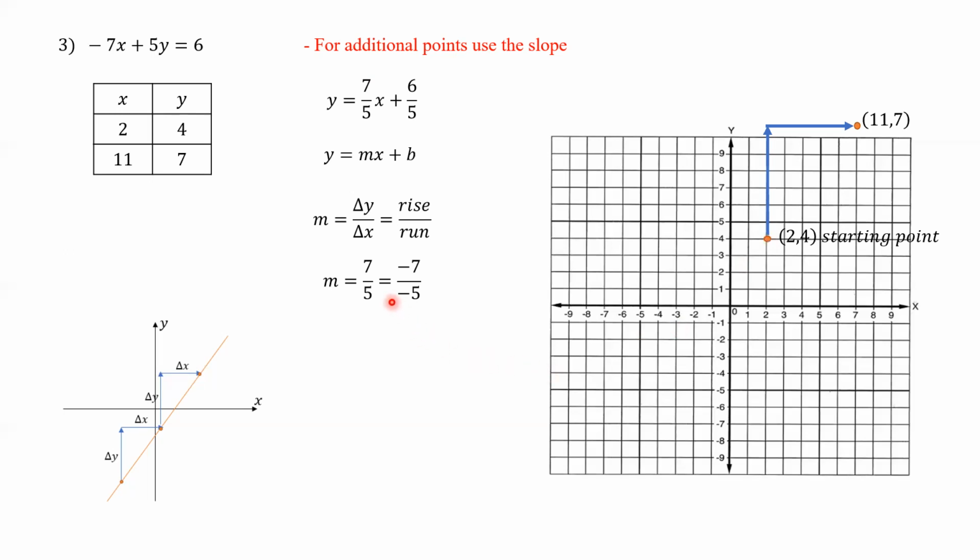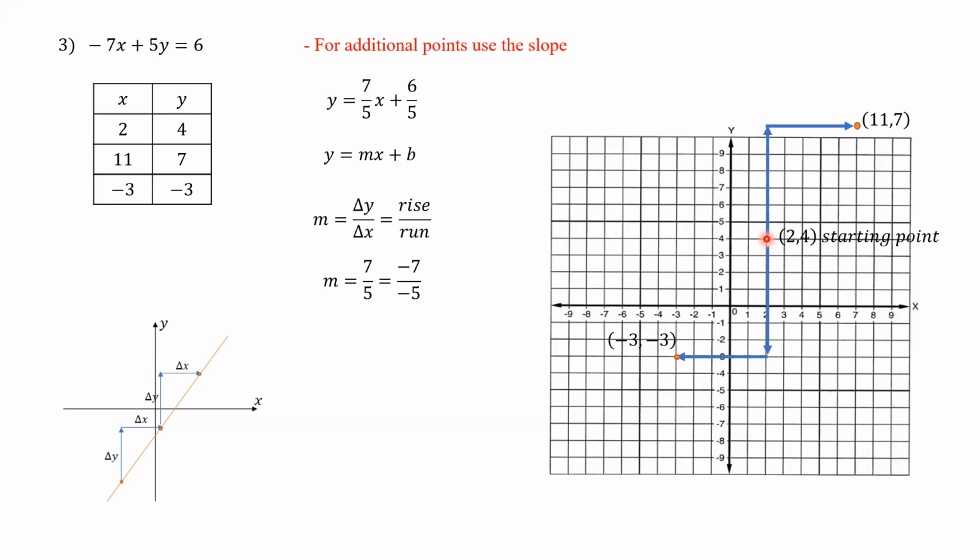For that, I'm going to use now this version of the slope, -7 over -5. So -7 means I would have to move 7 units down, and -5 means I would have to move 5 units to the left. So going back to my starting point, (2, 4), go 7 units down and 5 units to the left, and here is my new additional point with coordinates (-3, -3).